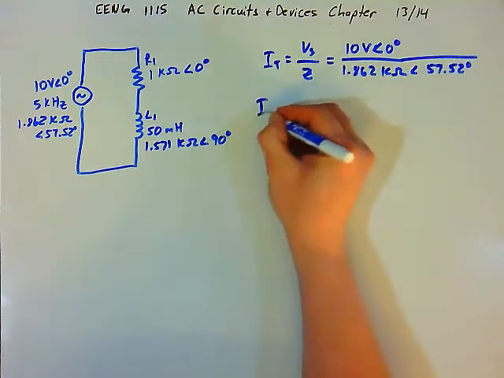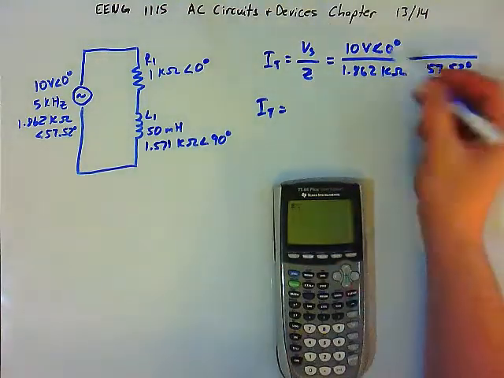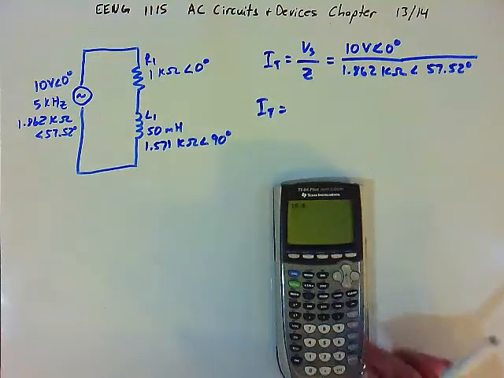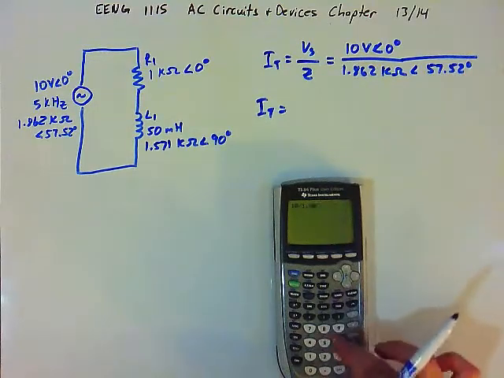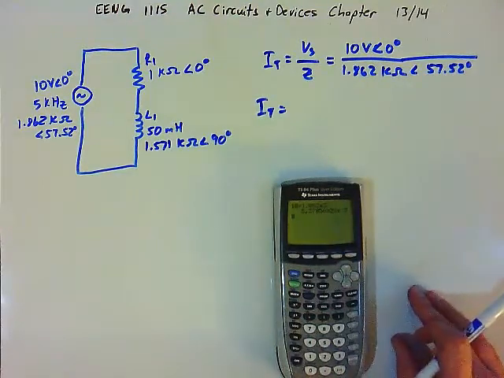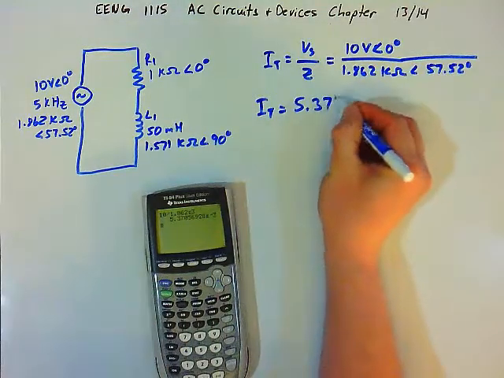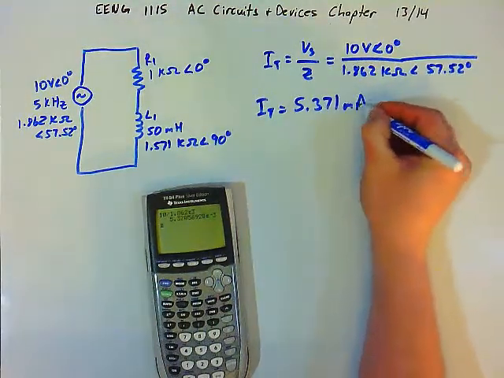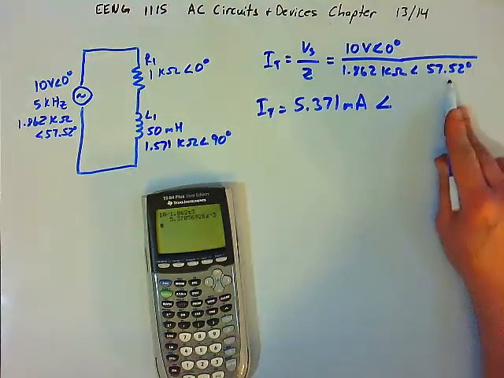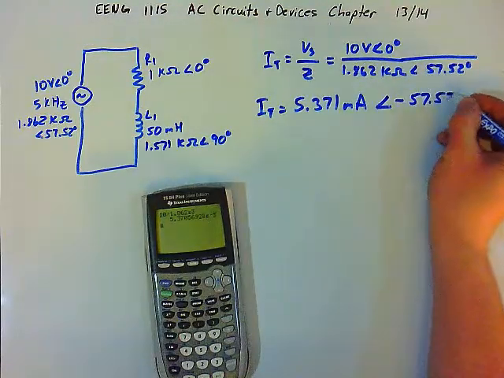So our total current will be, again, we're dividing vectors, so we're going to divide the magnitudes only. 10 divided by 1.862 kilo, and we get 5.371 milliamps. And the angles, we subtract them, so 0 minus 57.52 is going to be negative 57.52.